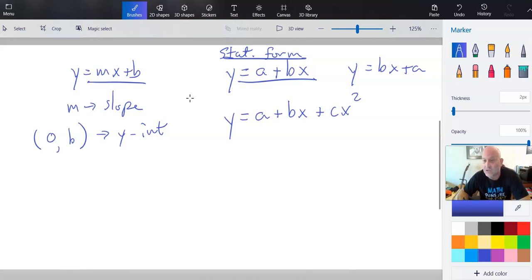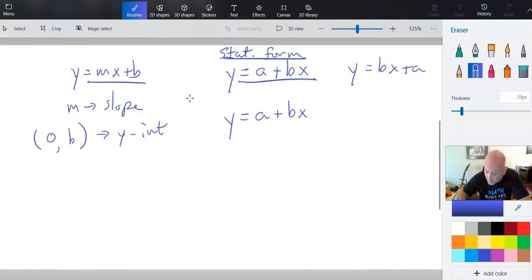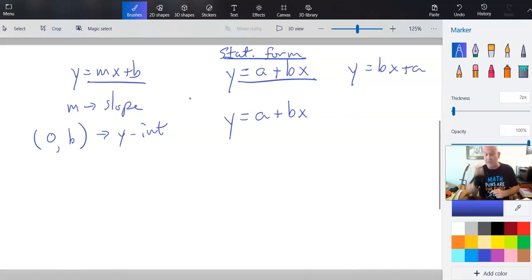If I have an x squared term, I actually get a better estimation of this particular thing. So we're not going to go into all of that. We're just dealing with the linear estimations. In fact, most of statistics does do the linear estimations, but that is part of the reason for why it's written in this form.